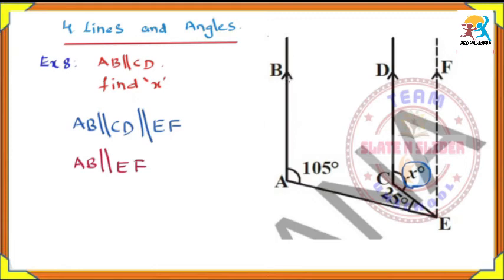And also in the figure, just observe the arrow marks. These arrow marks indicate the lines are parallel. So on AB we have an arrow mark, and on CD also the same, and on EF also we have the arrow mark. So from this construction we have got AB parallel to EF.